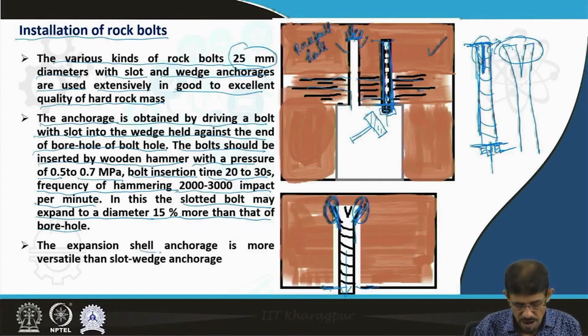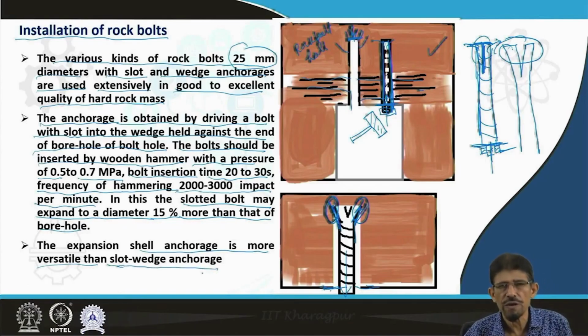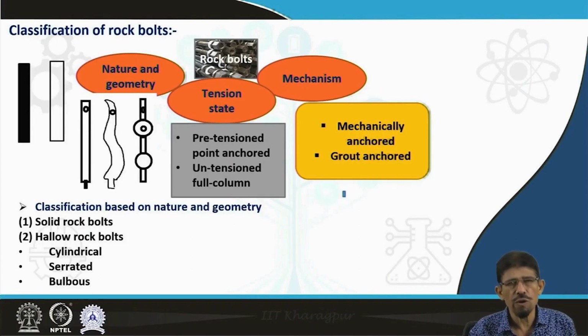The expansion of the shell anchor is more versatile than the slot wedge anchor. This is concerned with the different types of bolts, where the arrangement is a wedge cut or a slot wedge anchor. Friends, if we are going to classify rock bolts in general, then we can categorize them in two categories based on the nature and geometry of rock bolts.